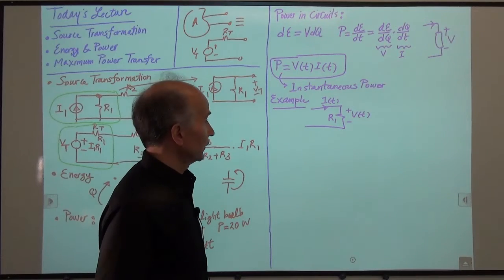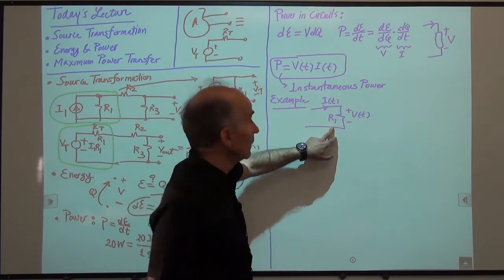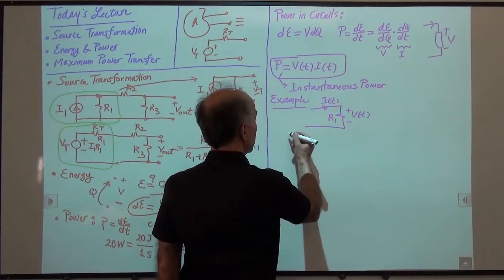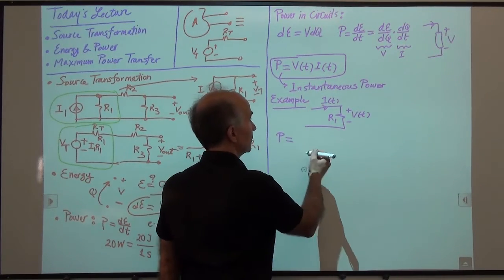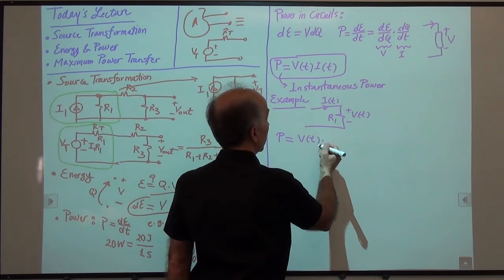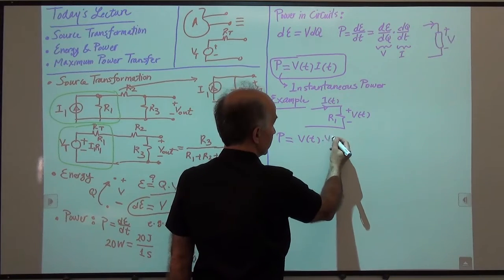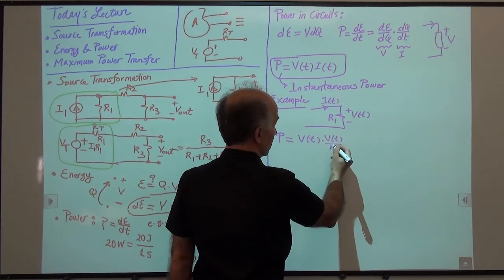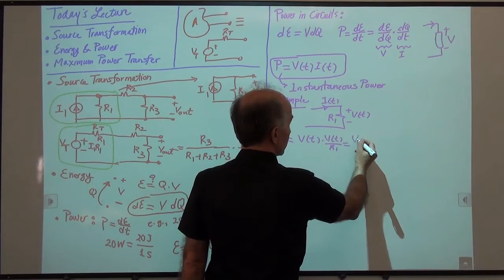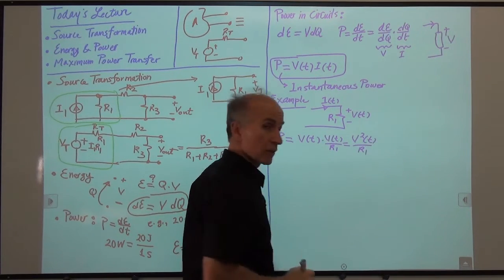So, what did you get? Well, we know that V and I are related by Ohm's law. So I can just say that P is equal to V of t times I, and I is V over R1. So V of t over R1. So that's the equation that we remember, V squared over R1. That's one equation.